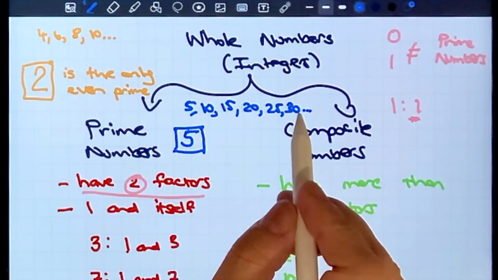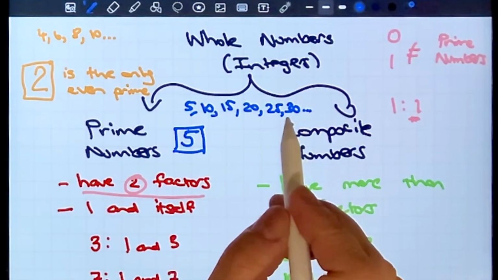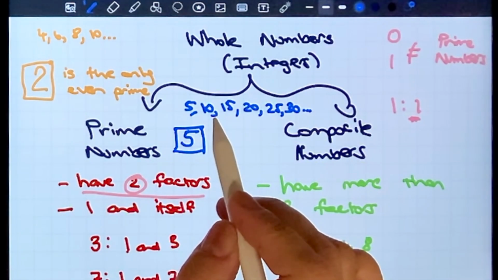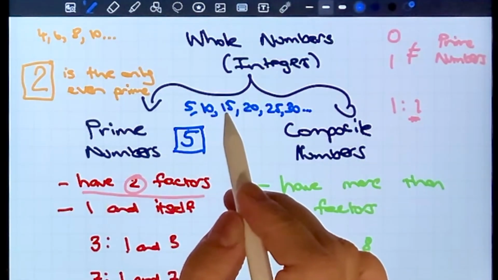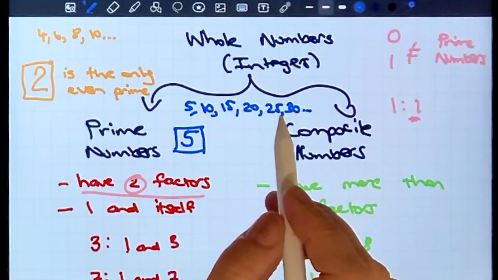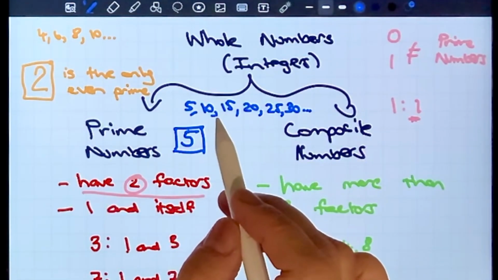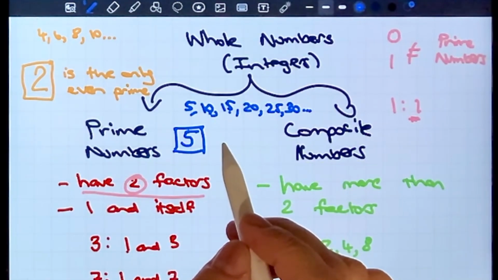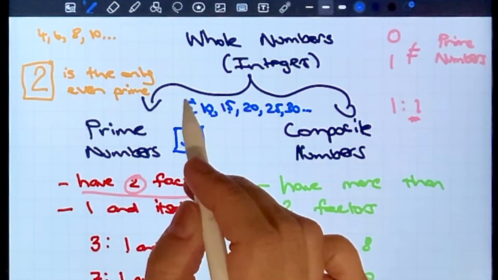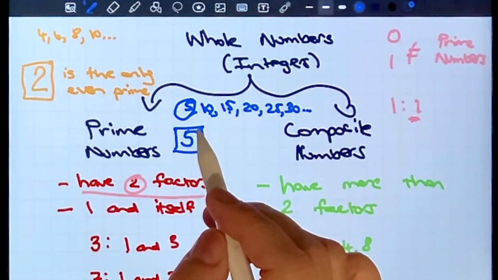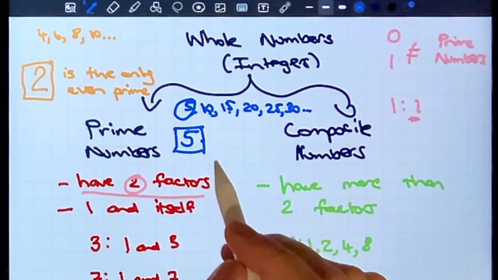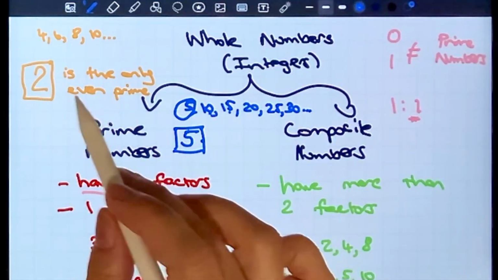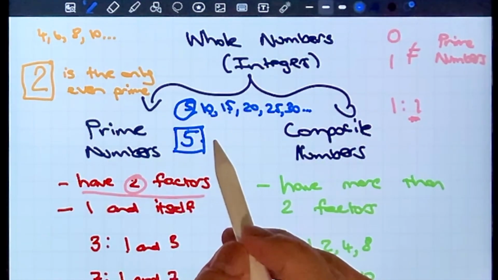So none of these numbers are going to be prime numbers because other than 1 and the number itself, they're all divisible by 5. And of course, many of them are divisible by other factors as well. So no number that ends in 0 or 5 can be a prime number, except for the number 5. So it is the only prime number that ends in 5. So 2 and 5 are special prime numbers for those reasons.